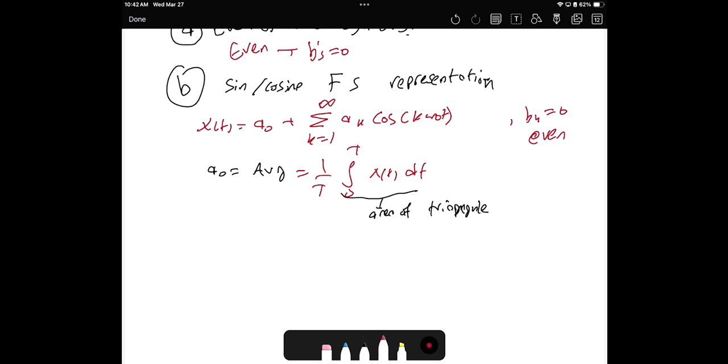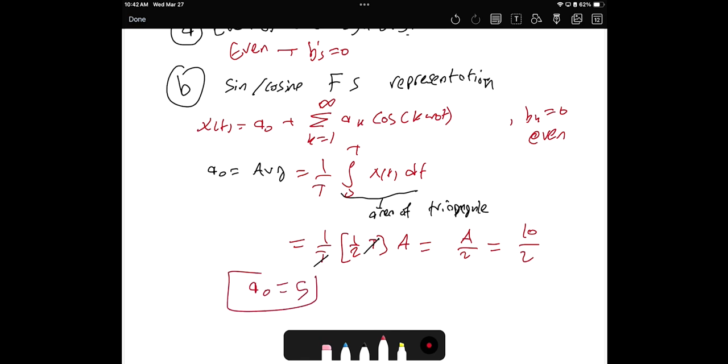Then it will be 1 over T times 1/2 of the base, which is T, times the height, which is A. Then T and T cancel each other. This yields A over 2, and A we know is 10, so as a result, a naught will be 5. Okay?